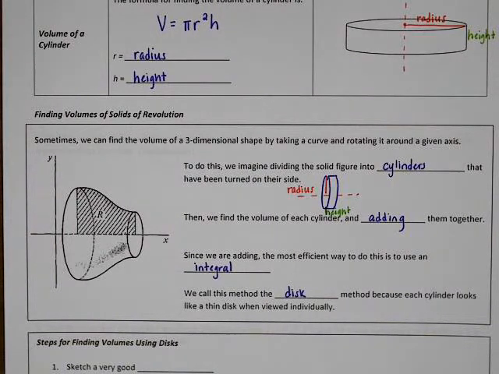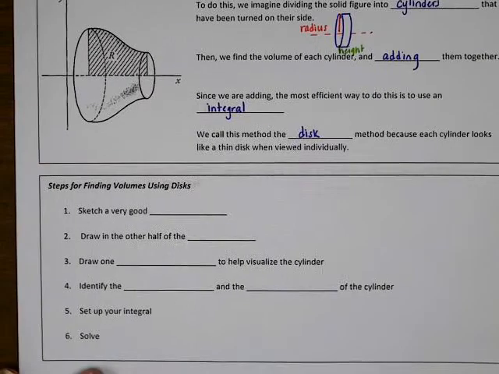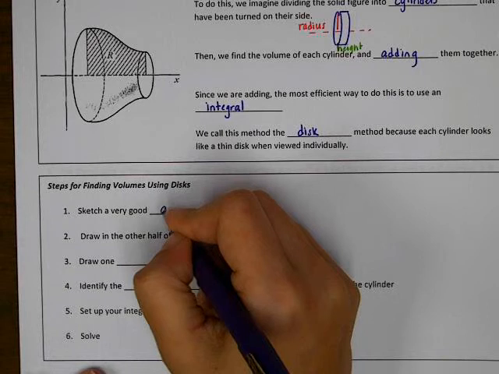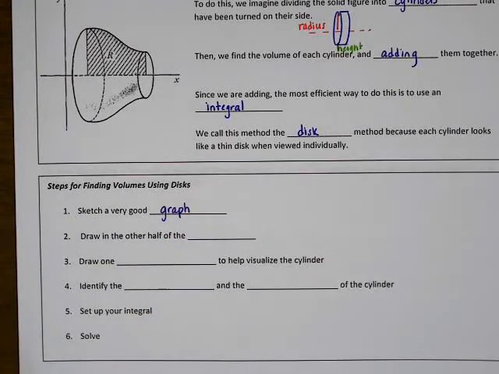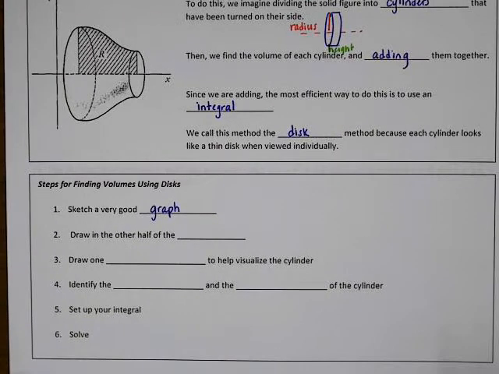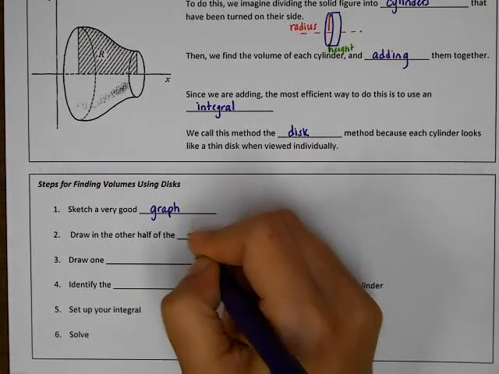So what process can you follow in order to be successful when you're trying to do these problems? The first thing you're always going to want to do is to sketch a very good graph. As we've seen throughout this unit, having an excellent visual of what you're trying to do is really helpful when setting up these problems. Then you're going to draw in the other half of your shape.